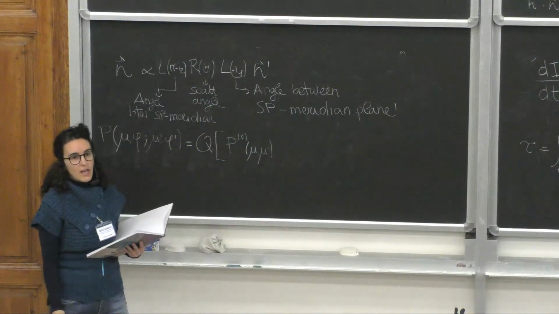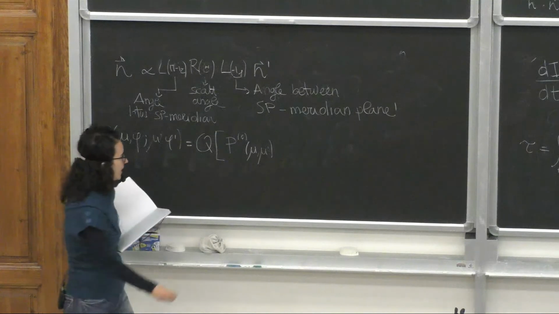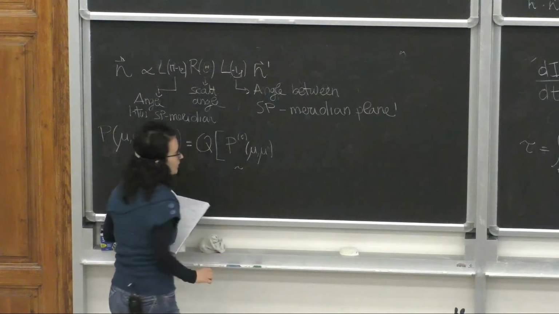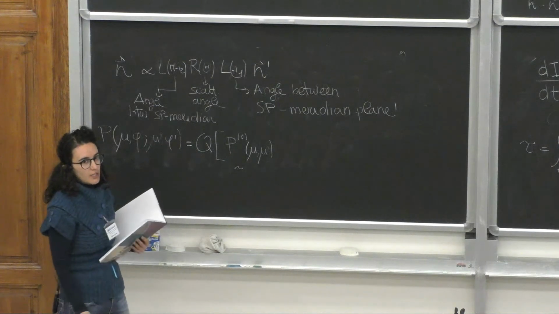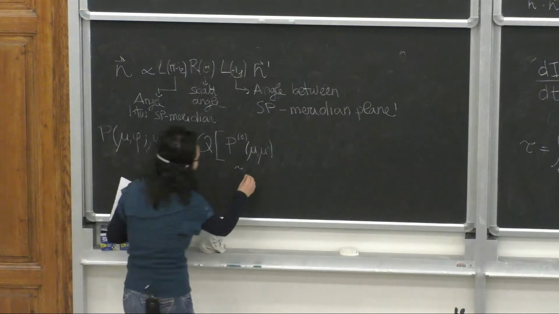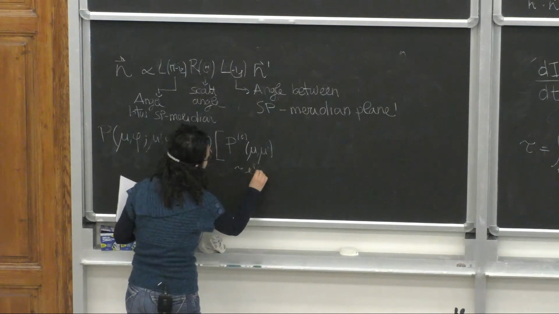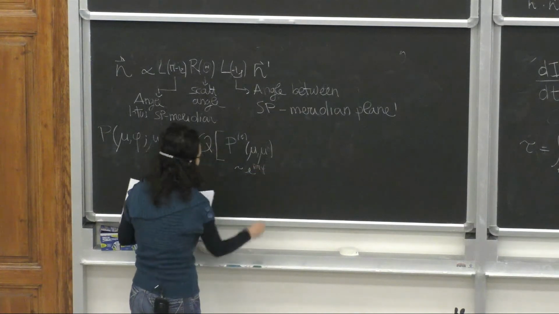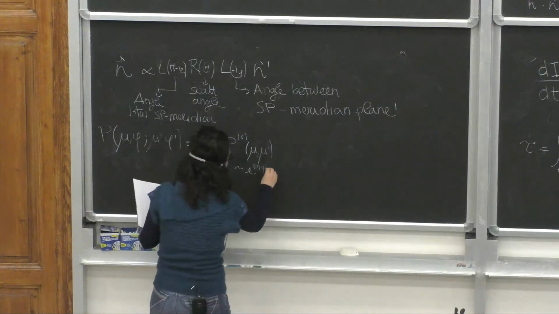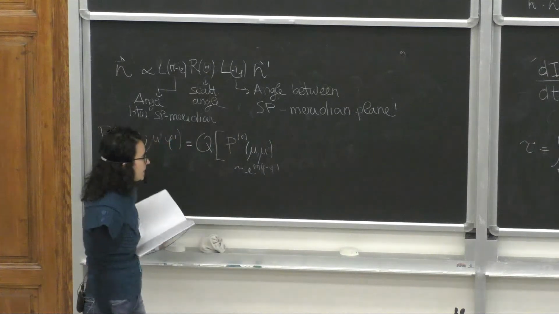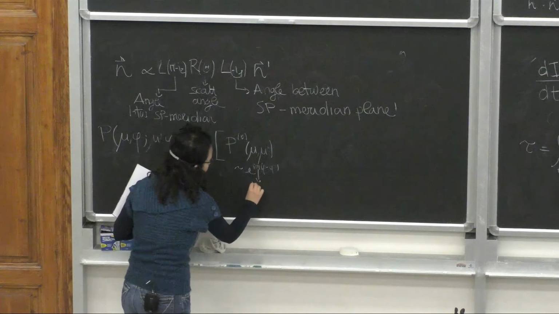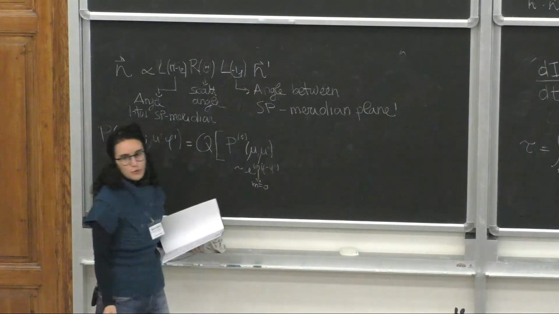So pi 0 doesn't have any dependence on phi, and you can think of this as if you were expanding this matrix pi 0 in m harmonics, you will have something like e to the i m (phi minus phi prime) with m equal to 0, so no dependency at all.